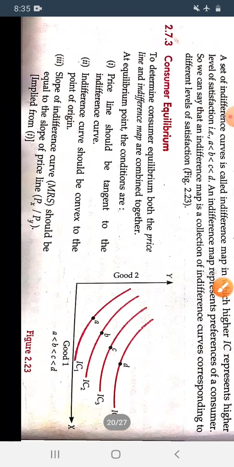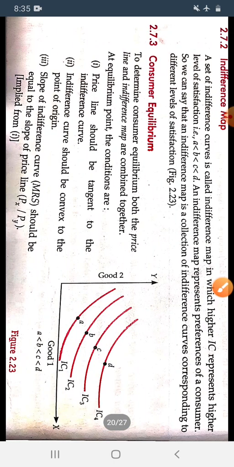Okay, now next, what is an indifference map? A set of indifference curves is called the indifference map.